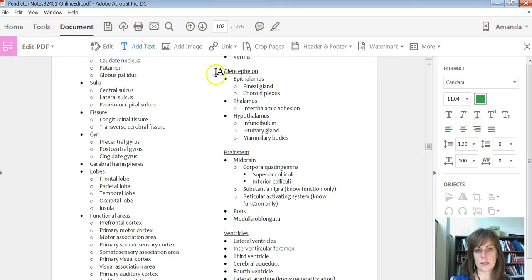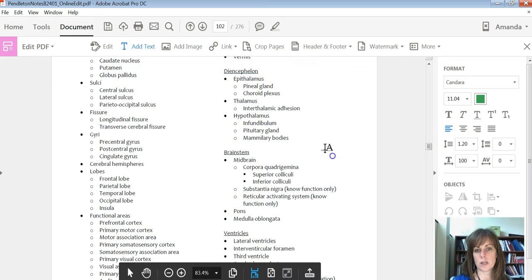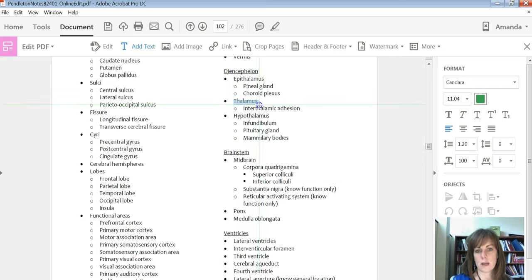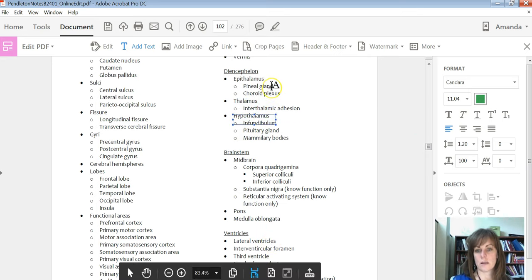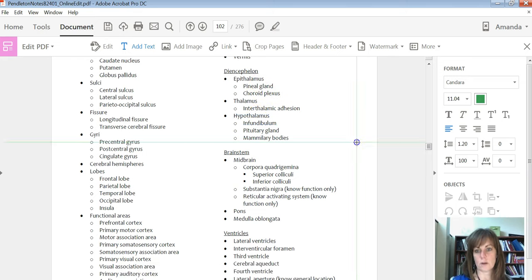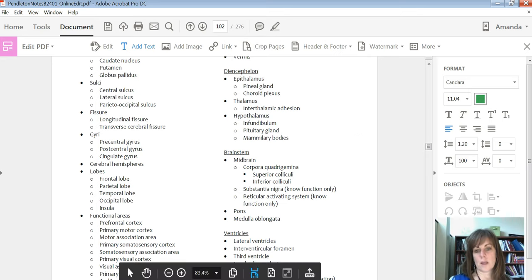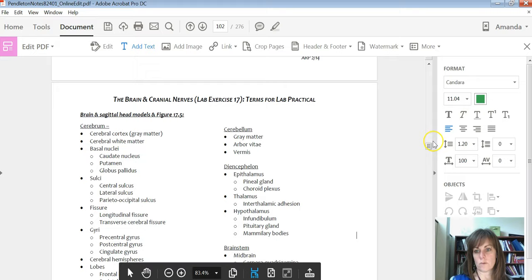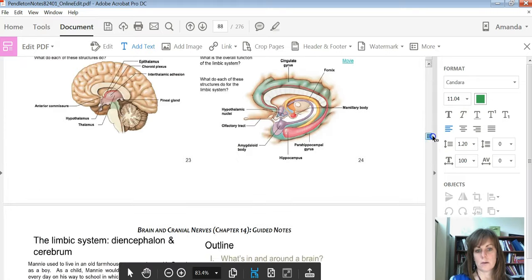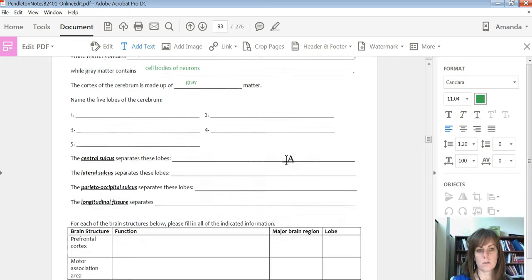A good one to look at, diencephalon. Diencephalon is going to be that main region, but then we move to the epithalamus, the thalamus, and the hypothalamus as subregions. And then there's even specific parts within each of those. So I just want to point out that this is meant to help you organize these different brain structures and regions.